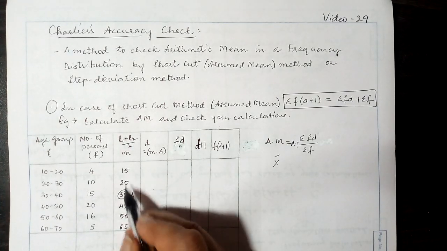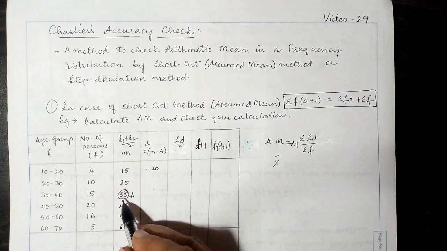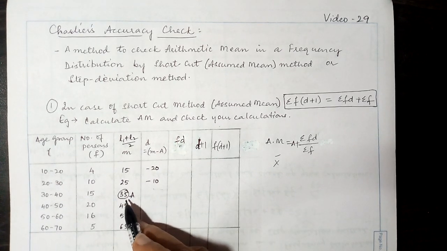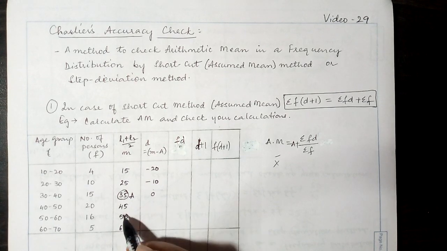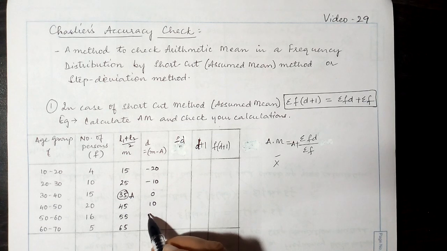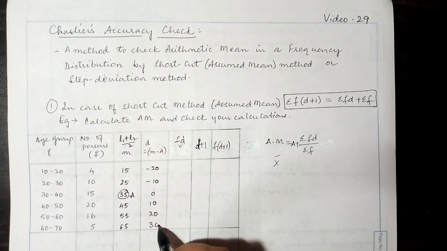M is here 15. 15 minus 35 gives us minus 20. 25 minus 35 gives us minus 10. Then 35 minus 35 gives us 0. 45 minus 35 gives us 10. 55 minus 35 is 20. 65 minus 35 is 30.